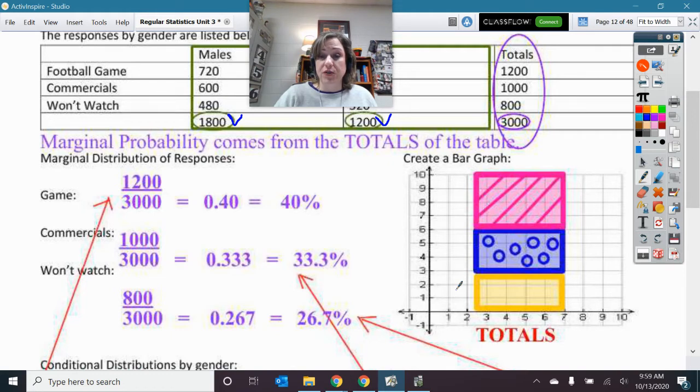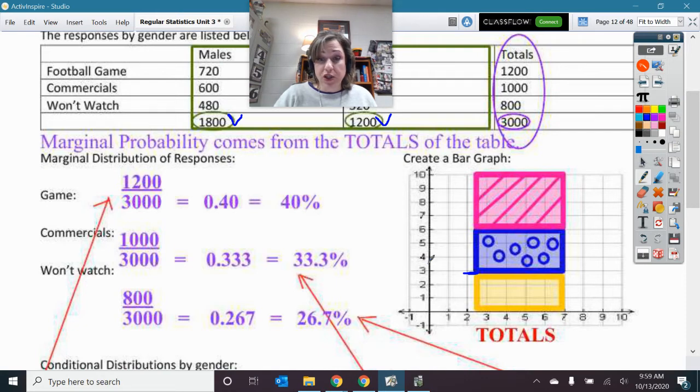That is the best way to talk about our independence. I should have put a relative frequency label here on the side, but these were the totals. So our won't watch, and I think I have a key for these colors down below, was 26.7%. So I made that won't watch this bottom 26.7%. Now, I stacked on top of it 33.3.